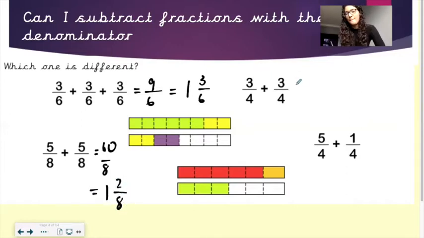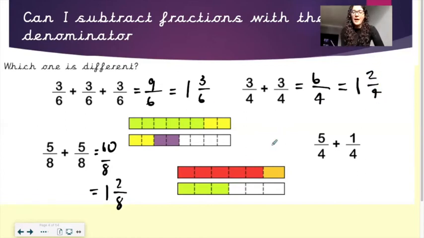The next one, 3/4 plus 3/4 equals 6/4, otherwise known as 1 and 2/4. The next one here, 5/4 plus 1/4 equals 6/4, otherwise known as 1 and 2/4.